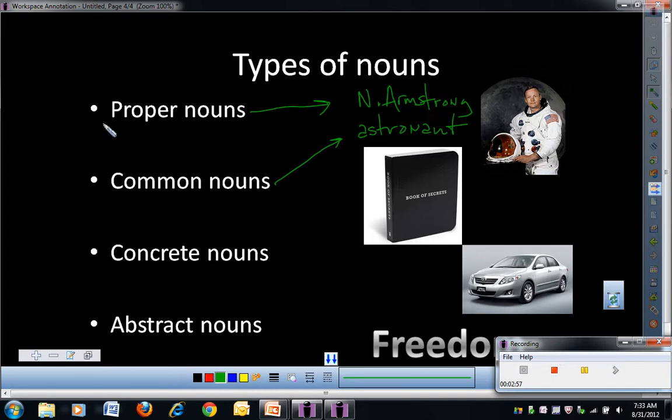So a proper noun is going to be capitalized, and it's going to be specific for that person. So those are two guidelines for proper nouns. Common nouns are not capitalized, unless they're at the beginning of the sentence or something like that. And they are less specific.